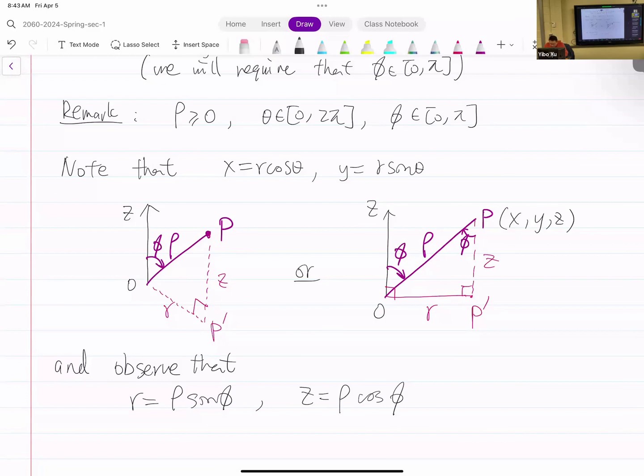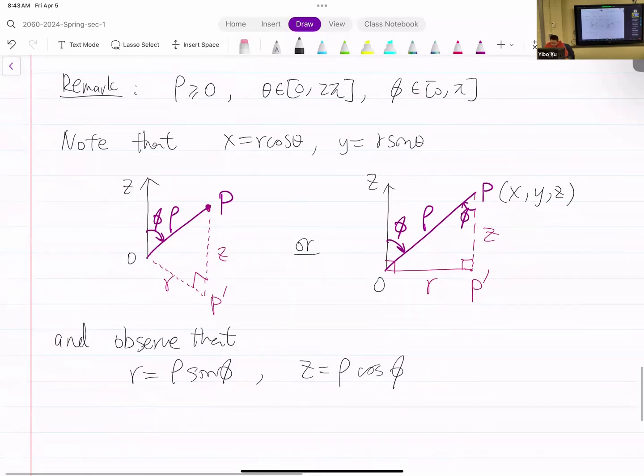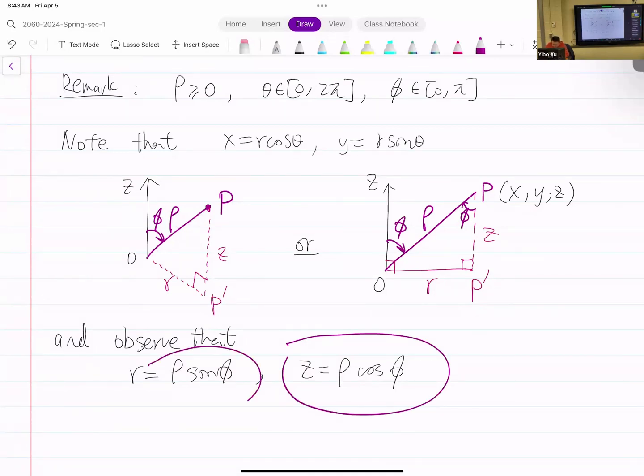So now that's pretty much everything. Now z is described in terms of rho and phi. r is determined also in terms of rho and phi. And finally, we just replace this r into x and y. So everything now is described in terms of rho, phi, and theta.